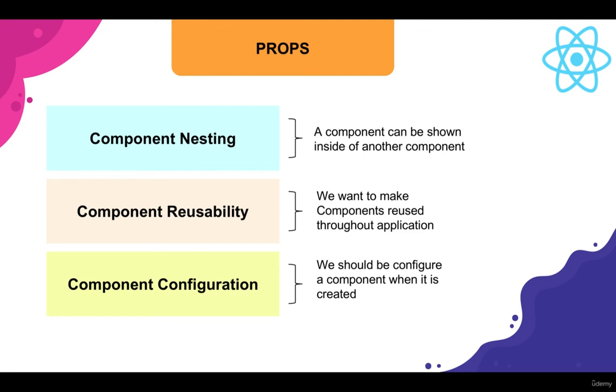For example, one button might need to have the background color red, and another button might need to have the background color blue, and both of those buttons might need to do different things. So we need to make sure that when we create different components, we have the ability to somehow customize them when they are created.